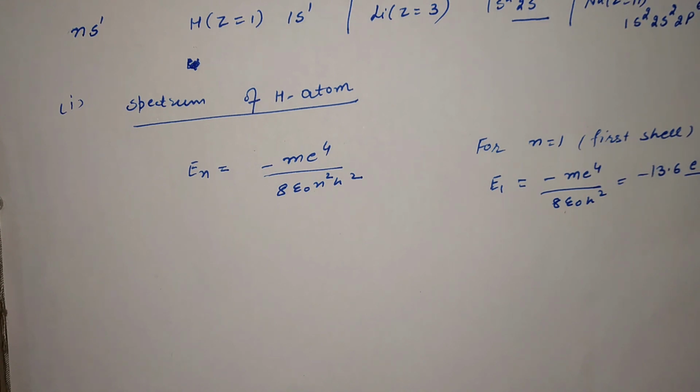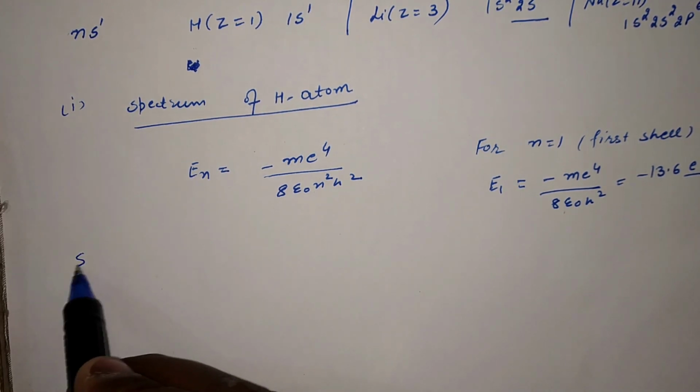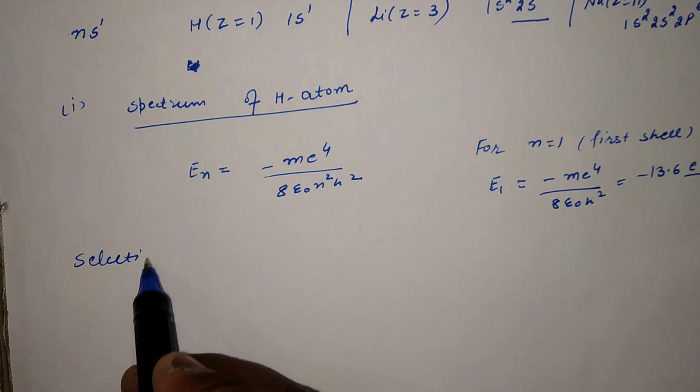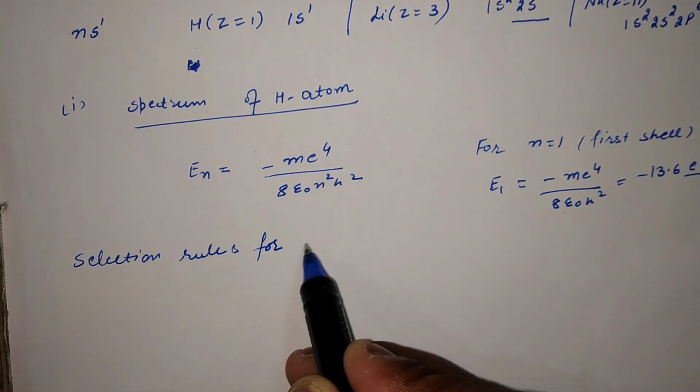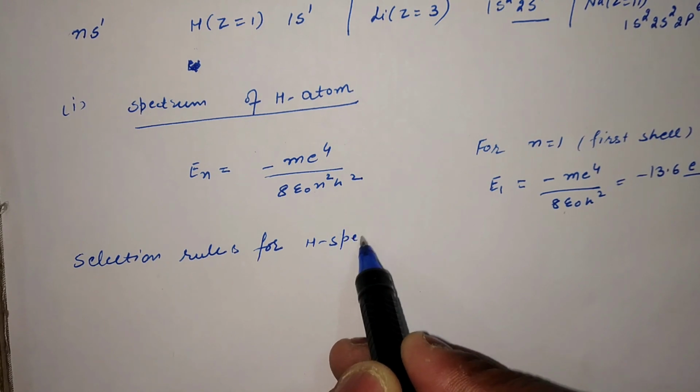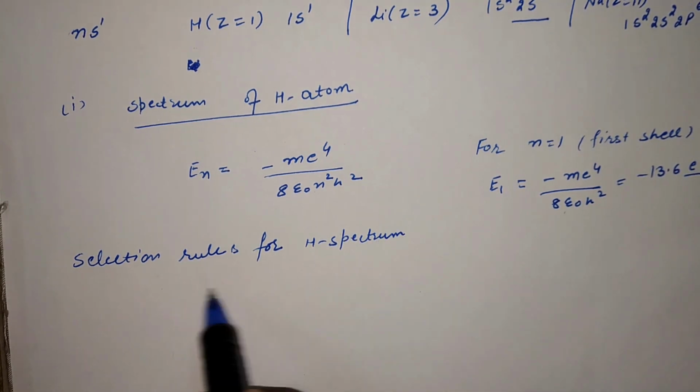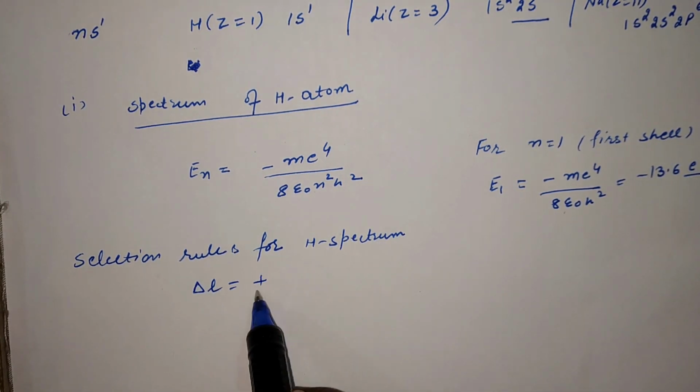So the spectrum of hydrogen atom is a line spectrum. But not all the transitions in the spectrum are allowed. So as to consider the allowed transitions, we have the selection rules. Selection rules for hydrogen spectrum are delta L equal to plus or minus 1.